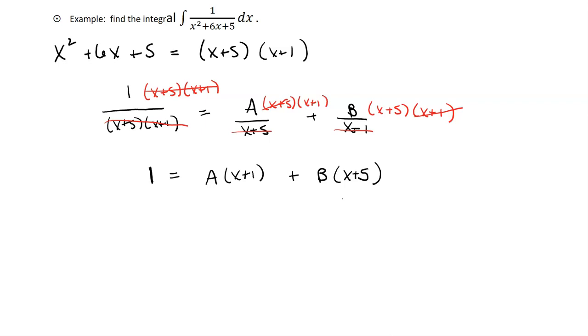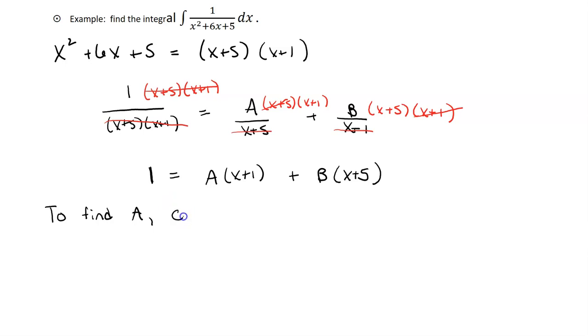So if I want to find A, my goal is to make the B disappear. I'm going to choose a value of x that will make the B disappear but not the A. If I were to let x be -5, that would make this parentheses equal 0, and this one would be a -4, so we wouldn't have a problem there.